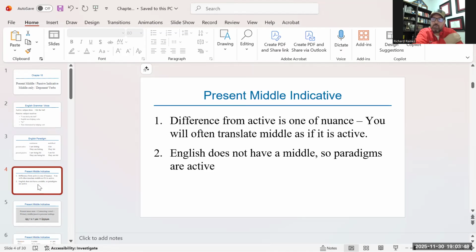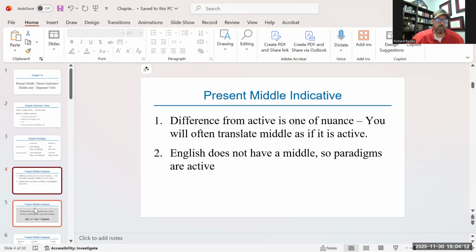That's why there are ongoing discussions among scholars about how we should translate the middle voice. And we'll look at it a little more in just a minute. But just know that in English, you have active and passive. In Greek, you have an active, you have a middle, and you have passive.